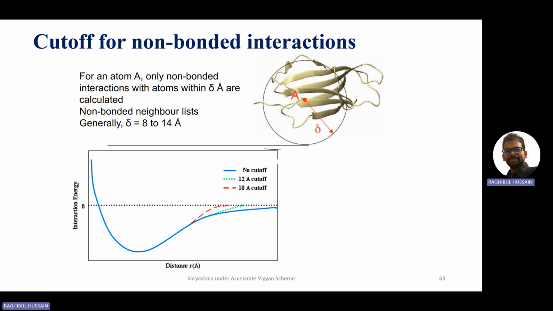The forcing function is already defined unless you create a new forcing function, which again comes to the recompilation of the software packages. So we don't do the recompilation of the software packages. What we do, we just apply them. Therefore, we take the default forcing function of the software package.